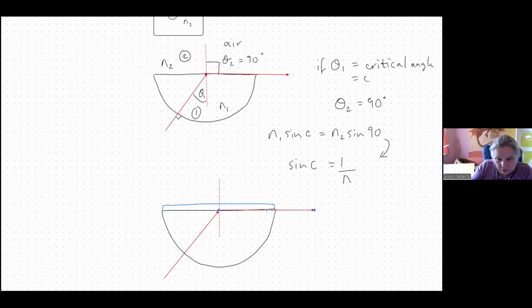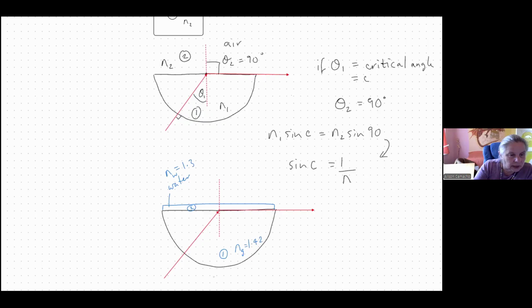Now, where is material 1? It's still the glass. Where is material 2? Now it's my layer of water on the back of my block. So let's imagine that this is water. The refractive index for water is about 1.3, and the refractive index for glass, let's imagine this is glass, is about 1.42.